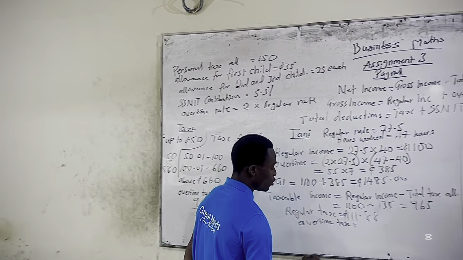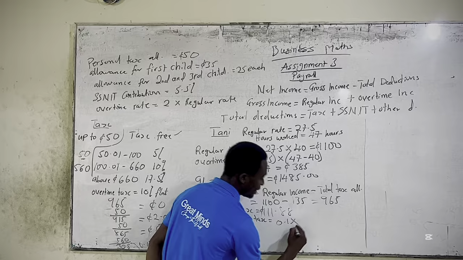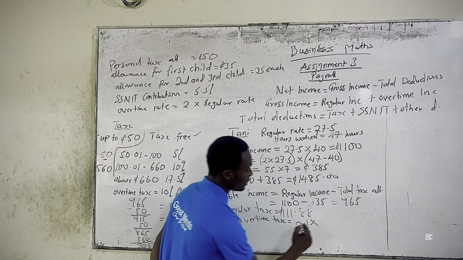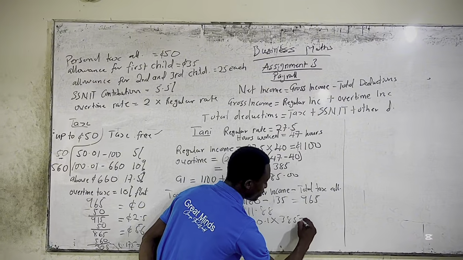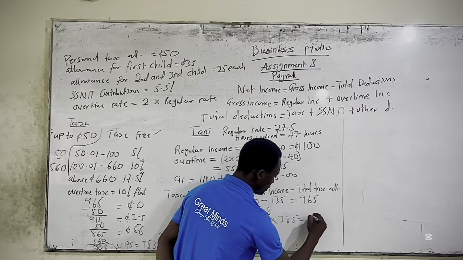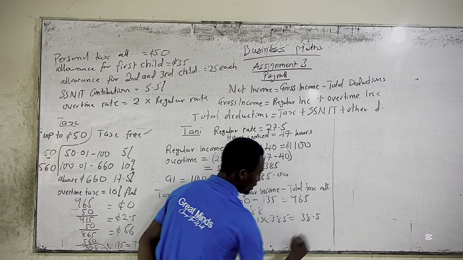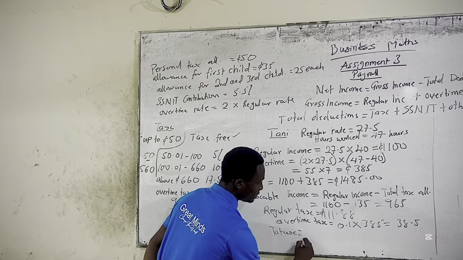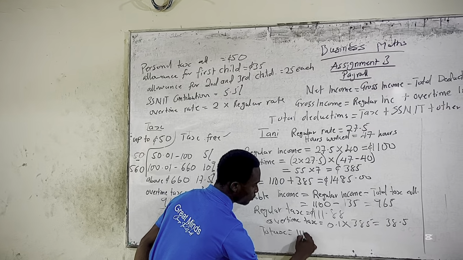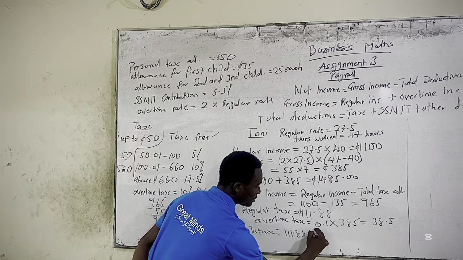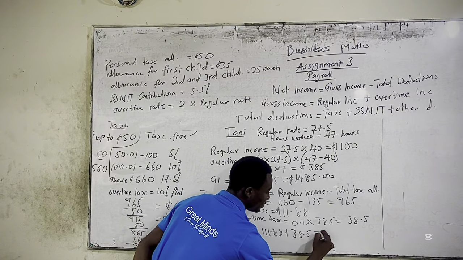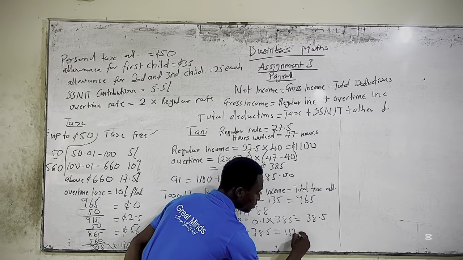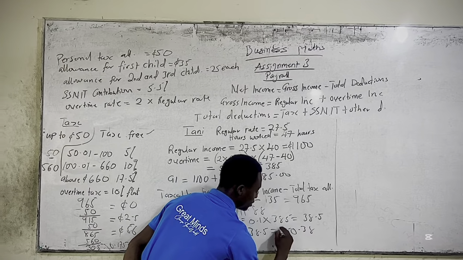So here we have 0.1 times the overtime, which is 385, giving you 38.5. Then the total tax is 111.88 plus 38.5, giving you a total tax of 150.38.